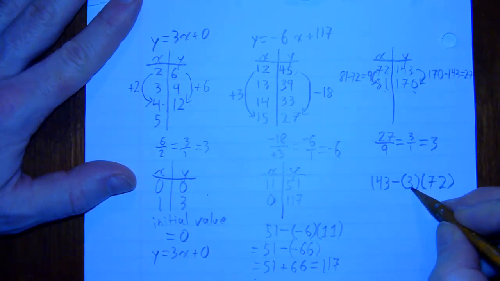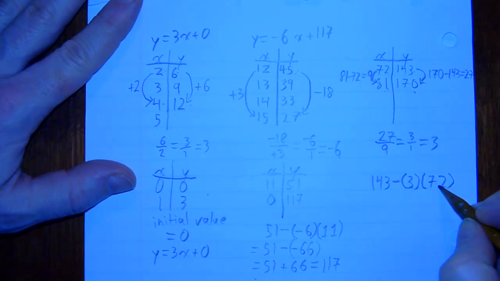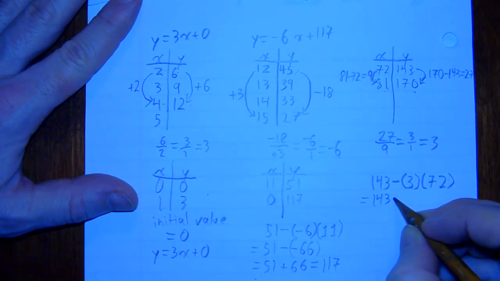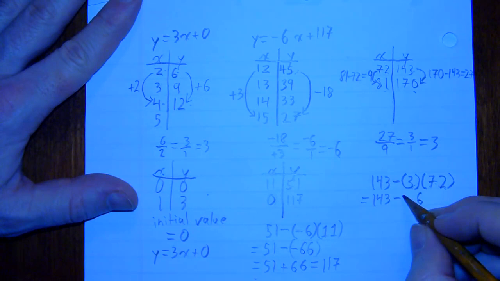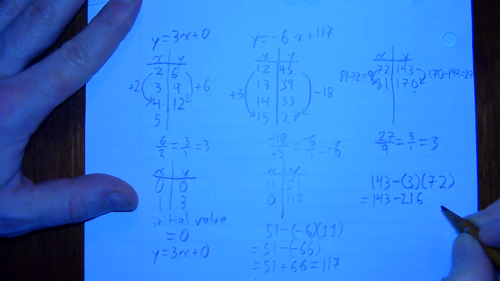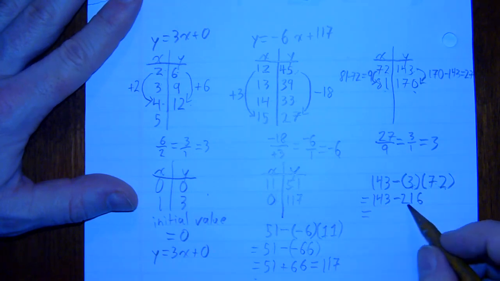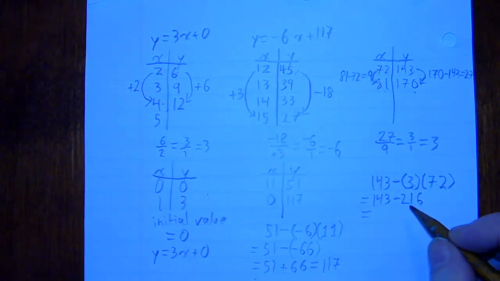Each step was a change of 3. So we're going to subtract 3 off 72 times. And if we deal with it that way, 3 times 2 is 6. 3 times 70 is 210. 143 minus 216. Oh, that's a nice one to try and do in your head.